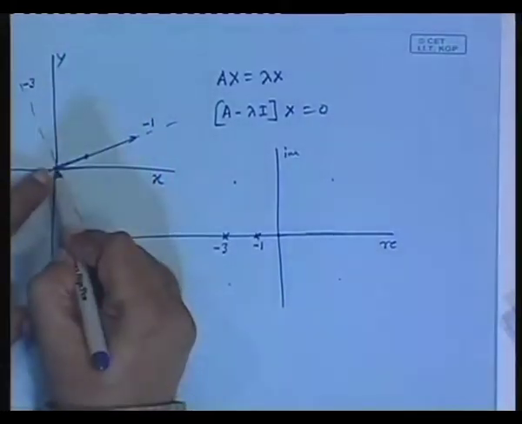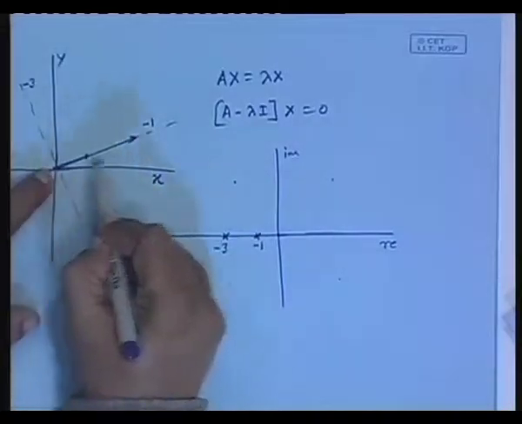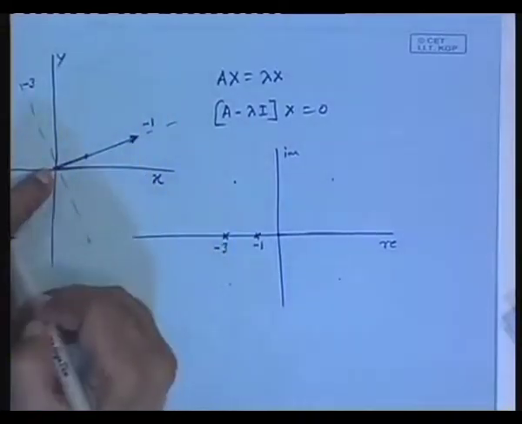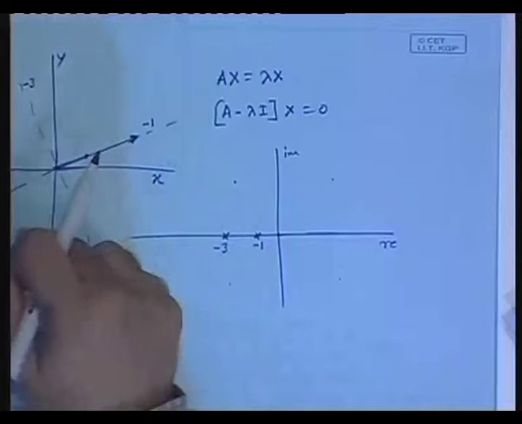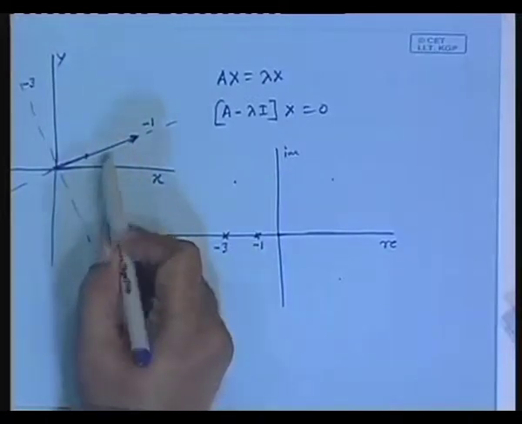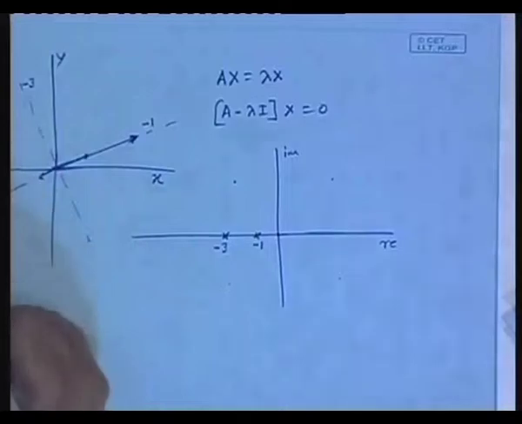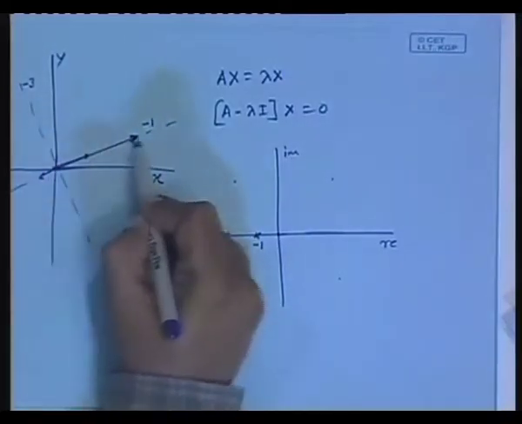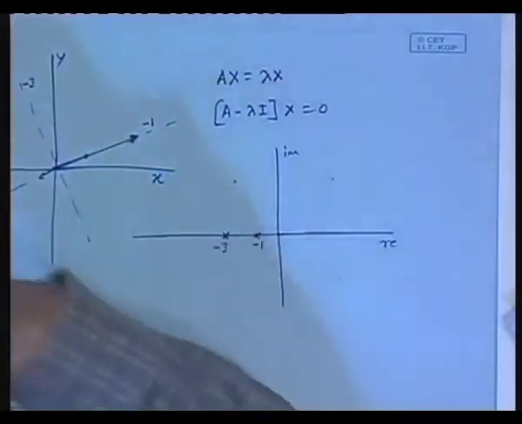It means that if x is along that, x dot will be -1 times this. Minus means it will be in the opposite direction. So x is this much, x dot is in the opposite direction, what does it mean? It will move with time in this direction.